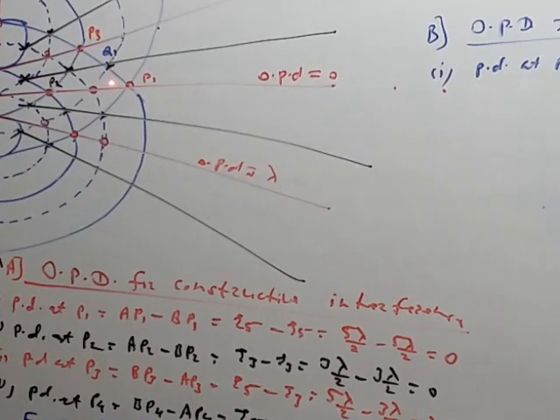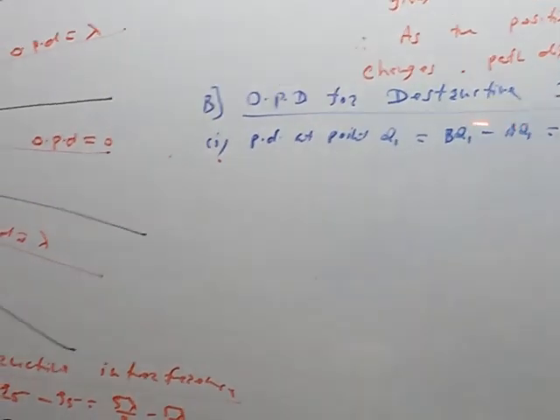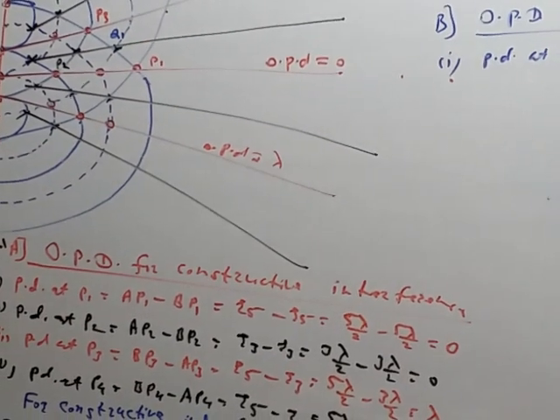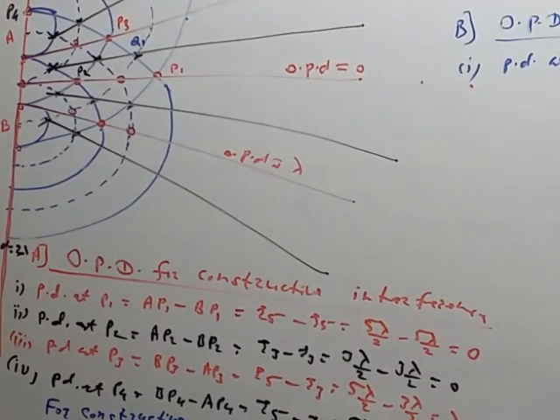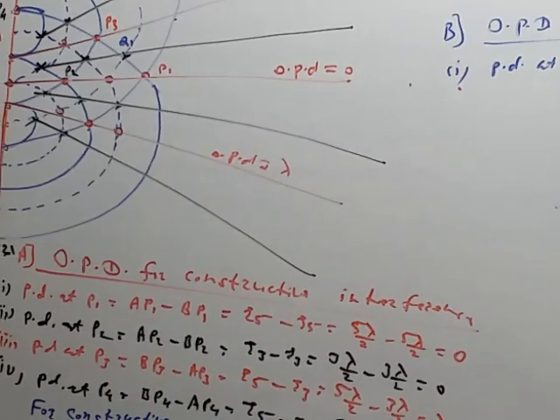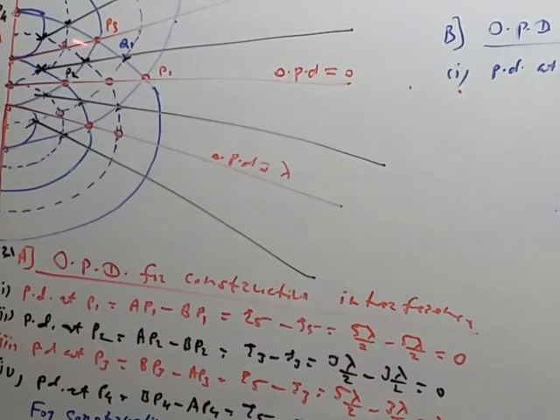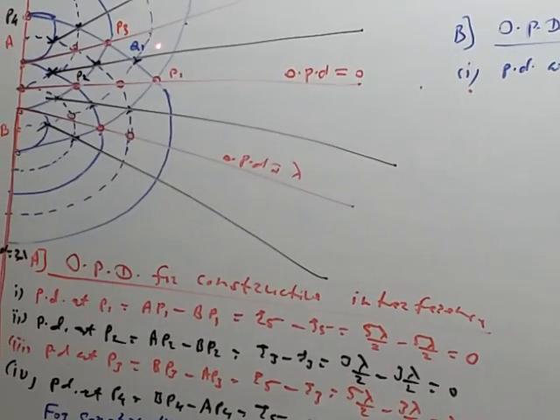So we have to find the path difference at point Q1. It is equal to BQ1 minus AQ1. Q1 point is at a longer distance from B and at a shorter distance from A, therefore BQ1 minus AQ1. BQ1 is the radius of the fifth circle, R5, and AQ1 is the radius of the fourth circle.